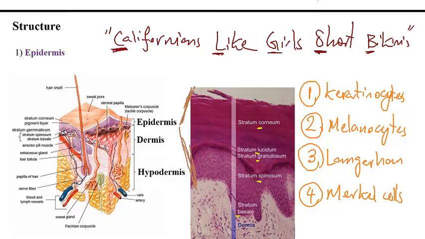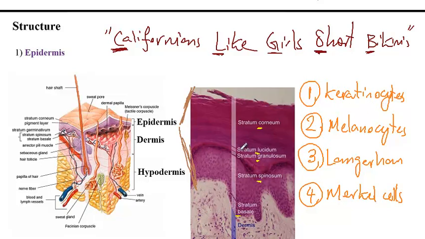Okay, now moving on to the next layer, which is stratum spinosum, providing resistance to mechanical stress. The next layer is stratum granulosum, which basically provides waterproofing properties to the skin, and is also the layer inside which the keratinocytes will start to lose their nucleus and die.